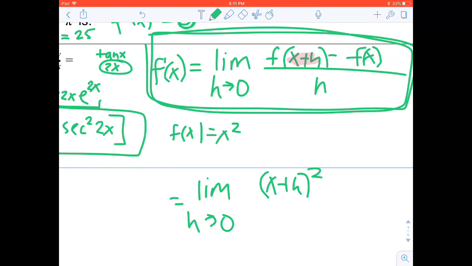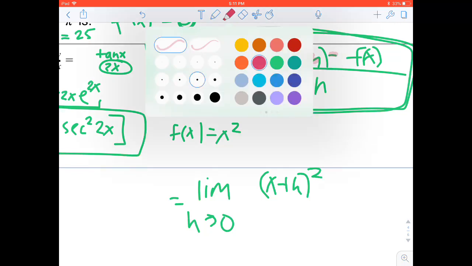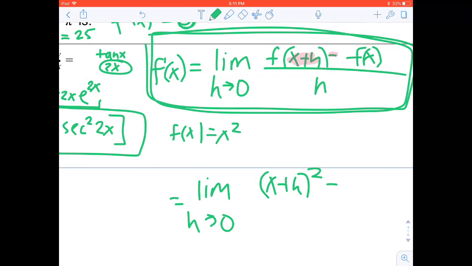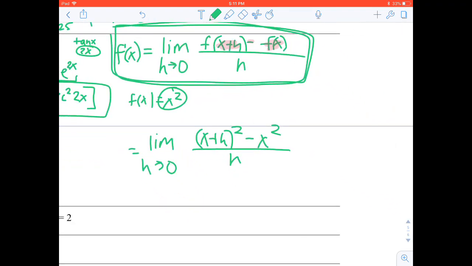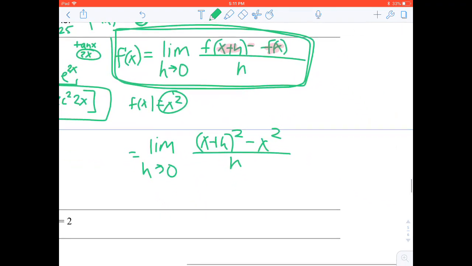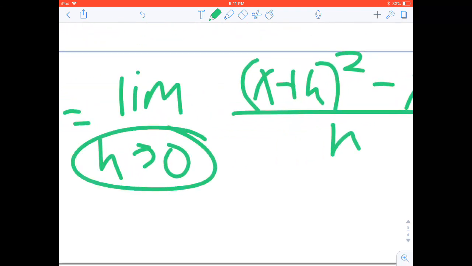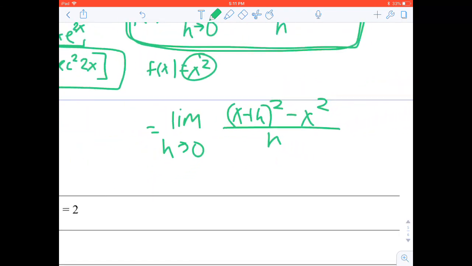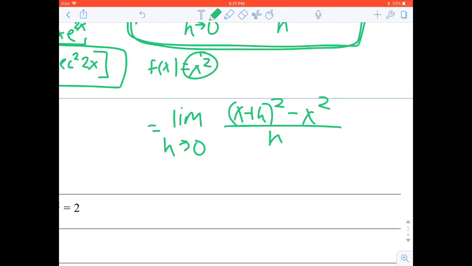And then the next piece says minus f of x. Well, our f of x is x squared, so we got minus x squared over h. h is just a variable, and that variable is what we're taking the limit of normally when we're solving this. That's the first step. That's the equation that you would need for that first step.